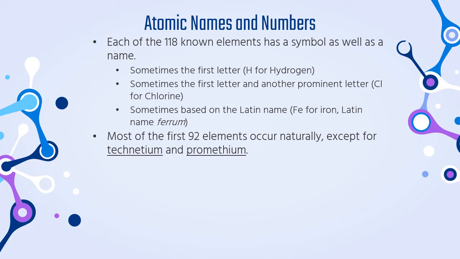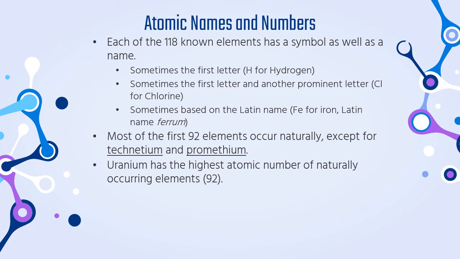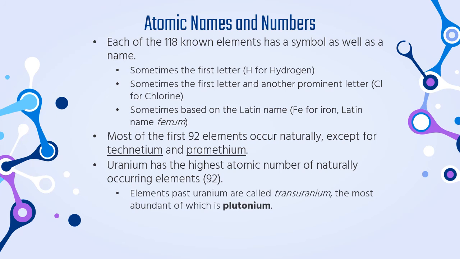Then all of the elements with an atomic number greater than 92 are also man-made elements. Uranium has the highest atomic number of naturally occurring elements, an atomic number of 92. Elements past uranium are called transuranium elements, the most abundant of which is plutonium.